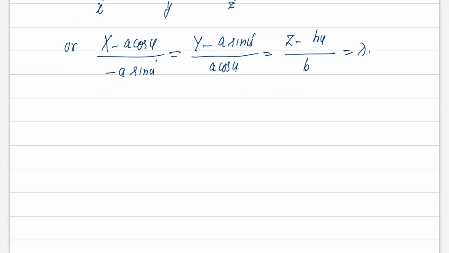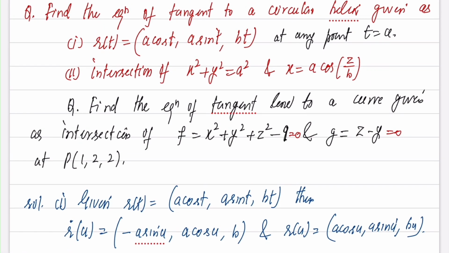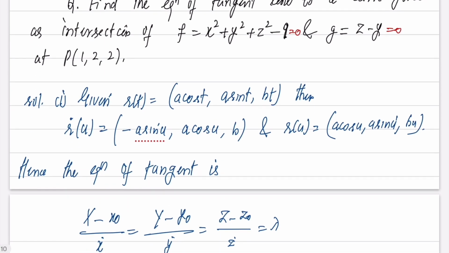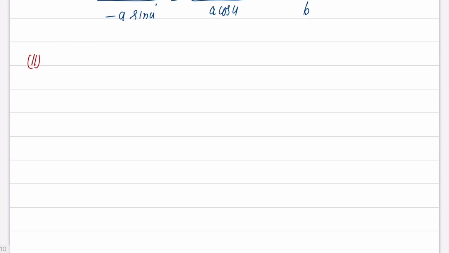Now let's evaluate the equation of tangent to a curve when it is given as the intersection of two surfaces. For that, we will do the second exercise and leave the second part for the right circular helix as an exercise. So this is left as an exercise, and we will do this exercise f equal to this and g equal to this, and write down the equation of tangent at 1, 2, 2.